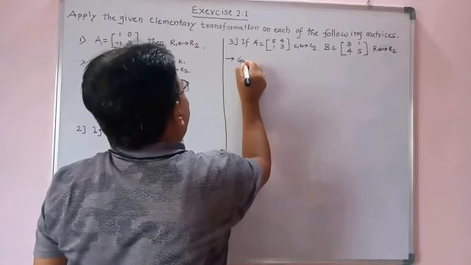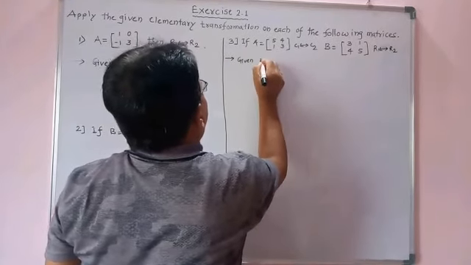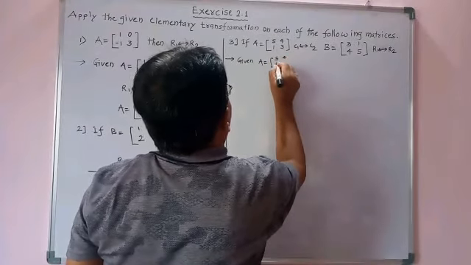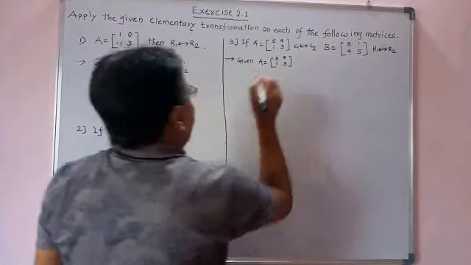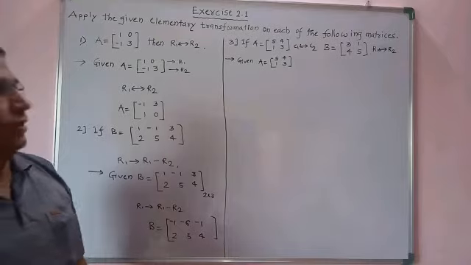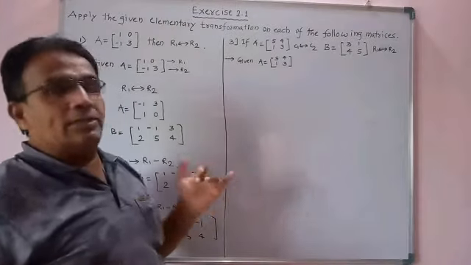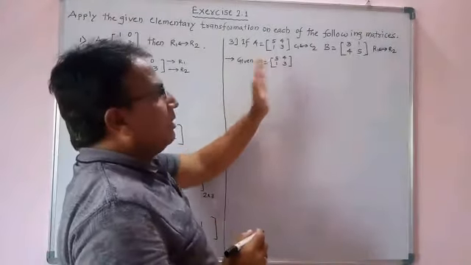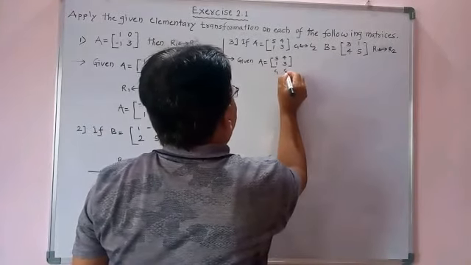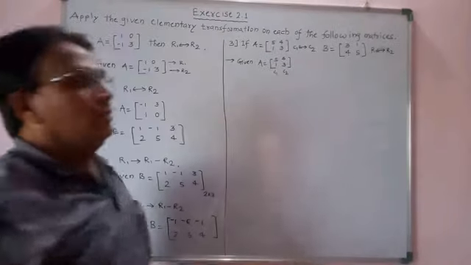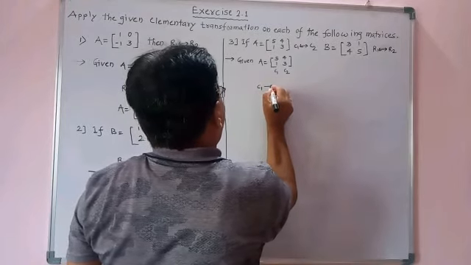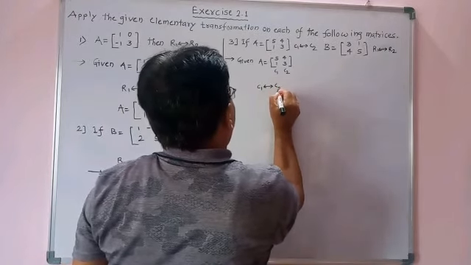Given matrix A is [5, 4; 1, 3]. What are C1 and C2? Column first is 5, 1 and column second is 4, 3. Then find C1 interchange C2.